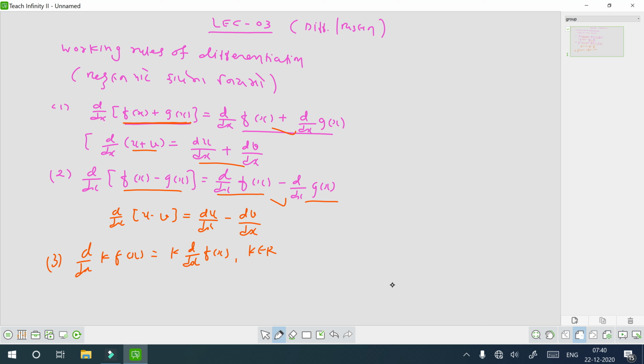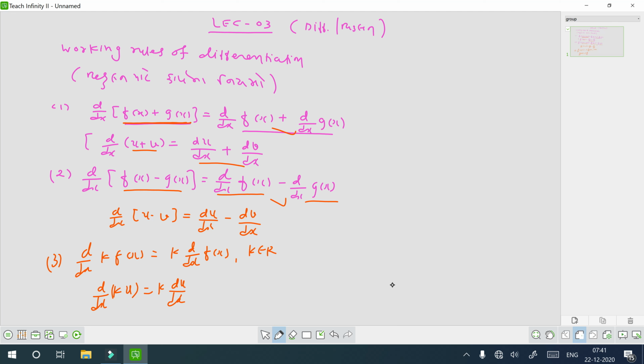This is the third working rule: d by dx of ku is equal to k times du by dx. This is the other way to denote it.